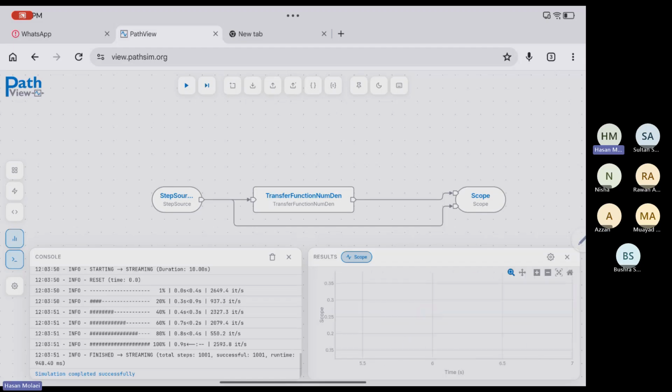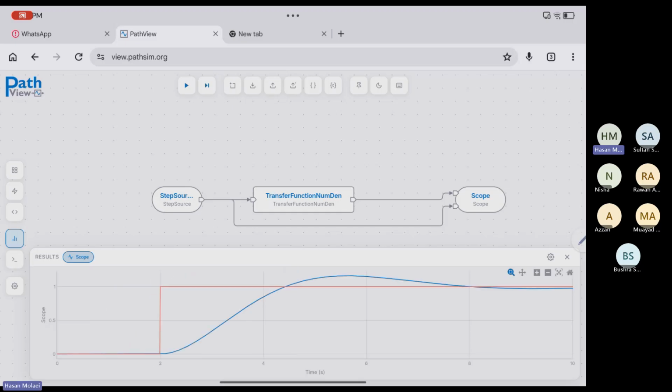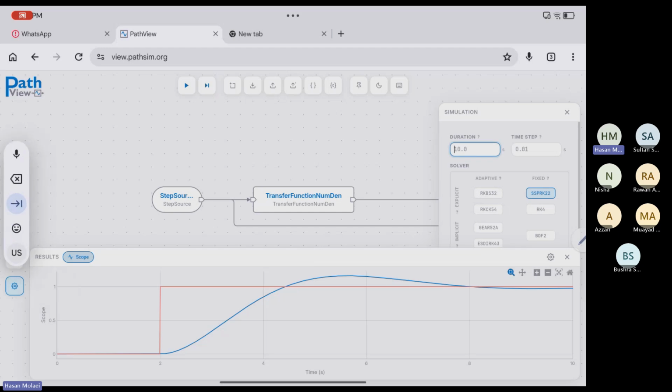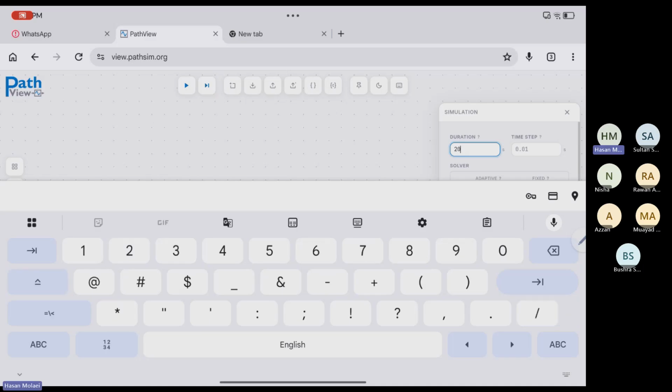How much is settling time? Let me increase the duration of simulation.